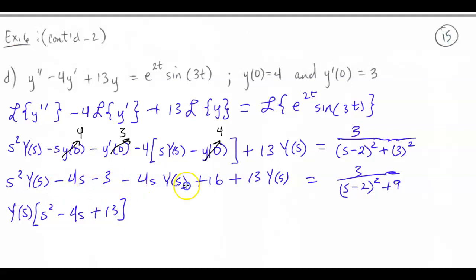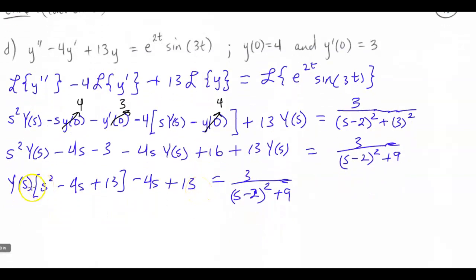And then once those three terms are taken care of, of course, we have this minus 4S here. And then negative 3 plus 16 is a plus 13. And of course, all this would just be 3 divided by S minus 2 quantity squared plus 9.